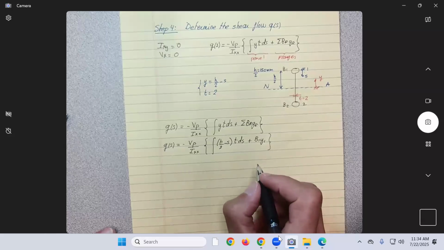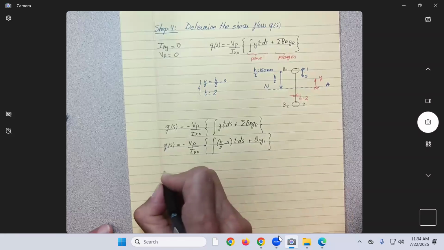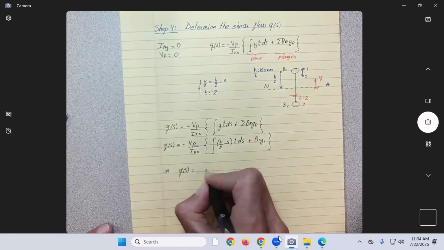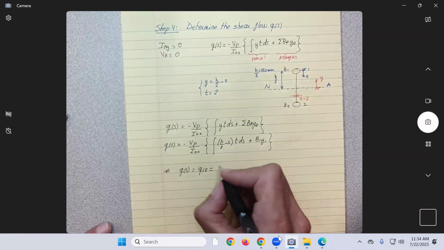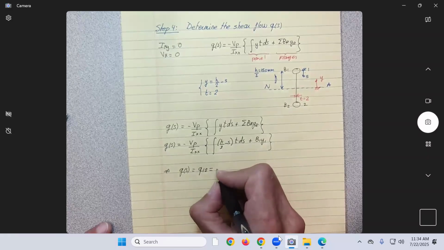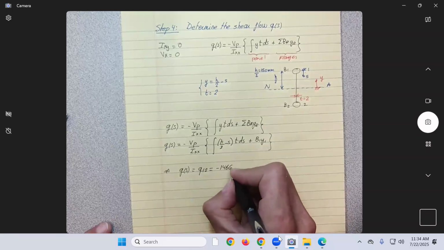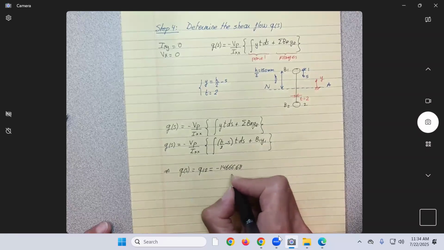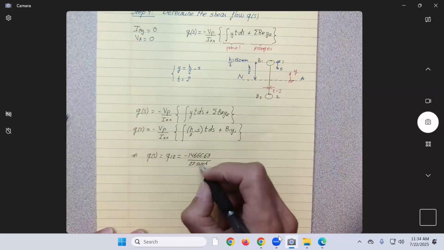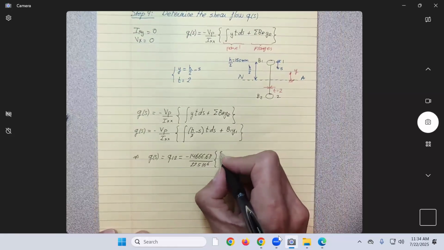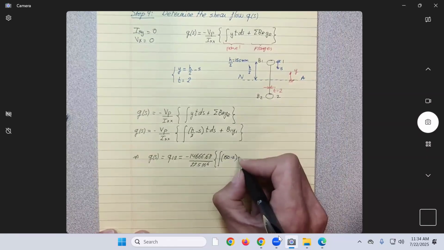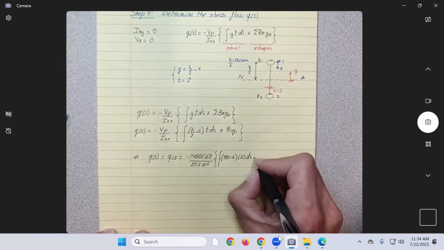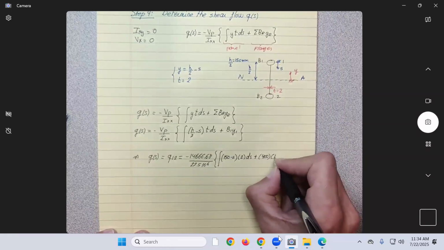So if you do the numerical application, Q of S, which will be Q12, is equal to minus 14,666.68 divided by 22.5 times 10 to the 6, times the integral of 150 minus S times 2 ds plus 400 times 150.